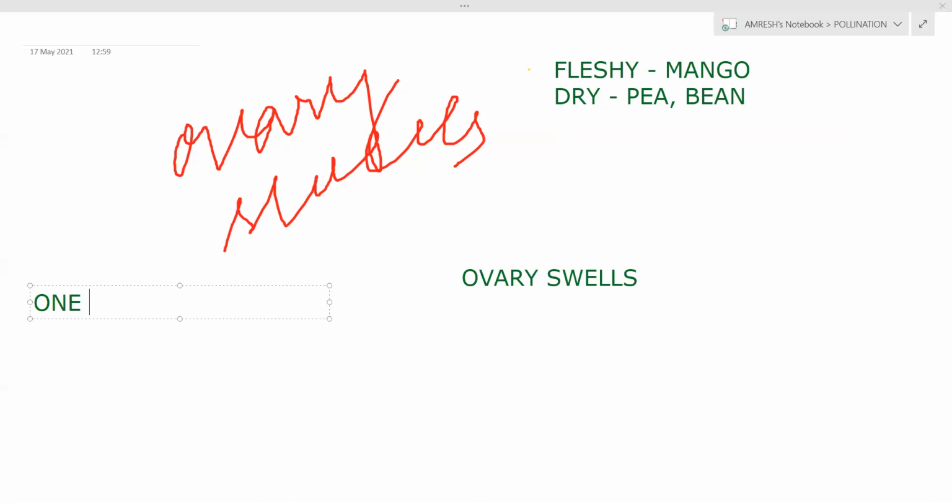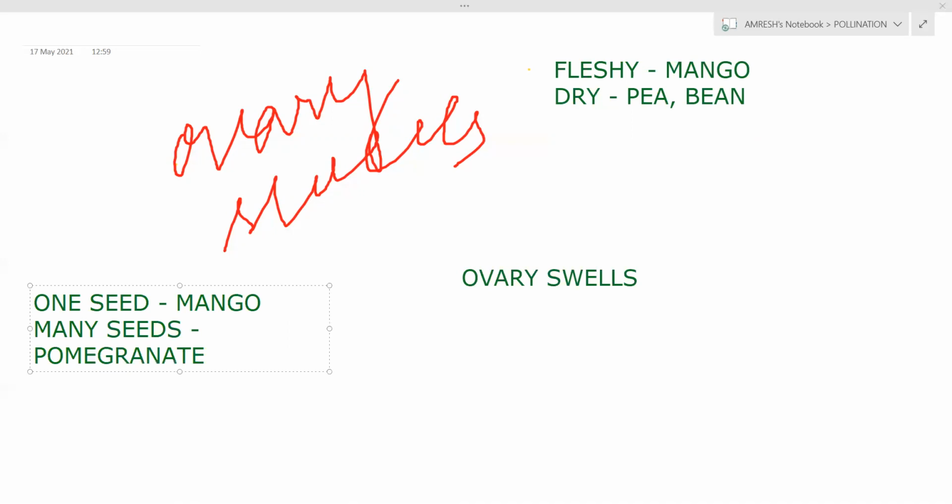A one seeded fruit is mango, which has a long, very thick seed. A many seeded fruit is pomegranate. This is an important point you have to remember.